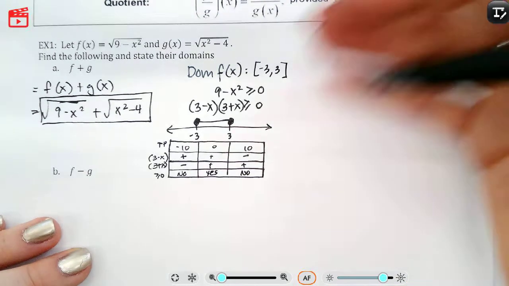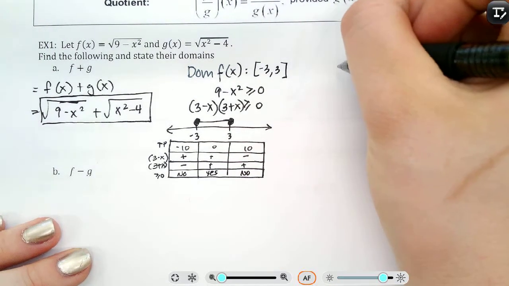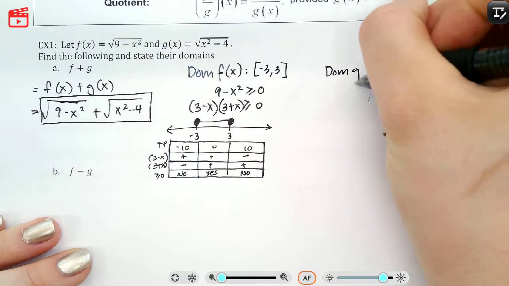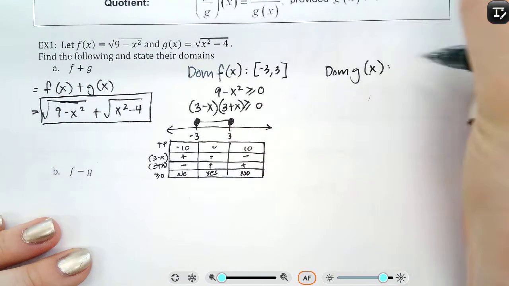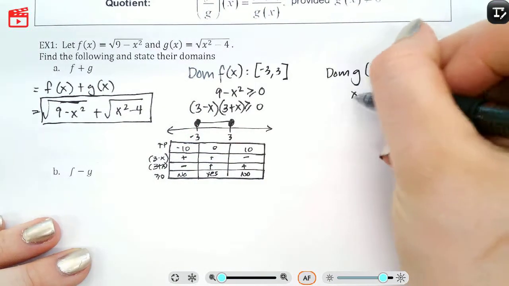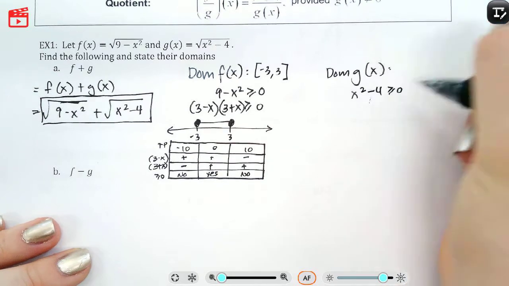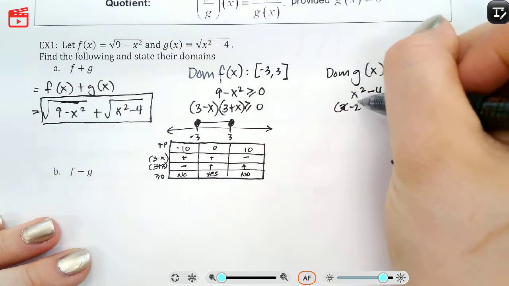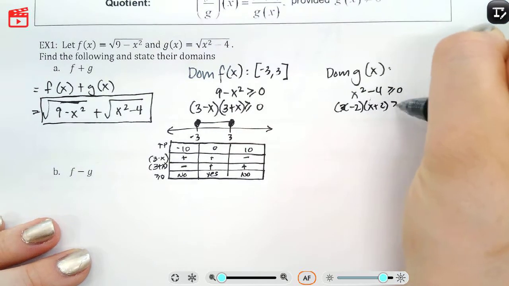And let's find the domain of g. We know the same thing: this needs to be greater than or equal to 0. So x squared minus 4 needs to be greater than or equal to 0. Factoring, that's going to be x minus 2, x plus 2 greater than or equal to 0.